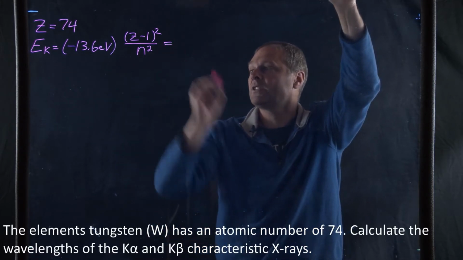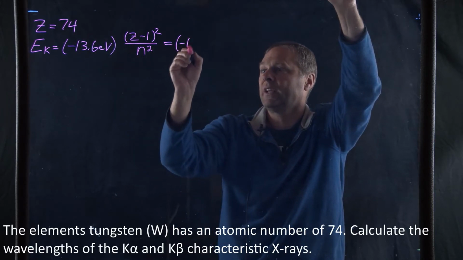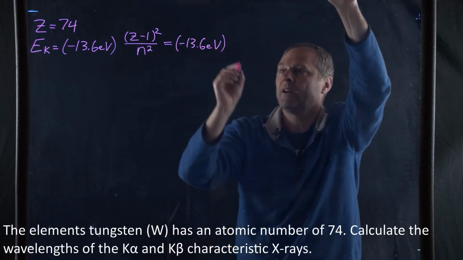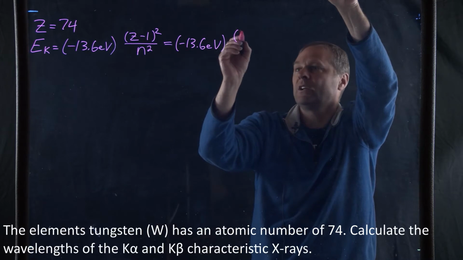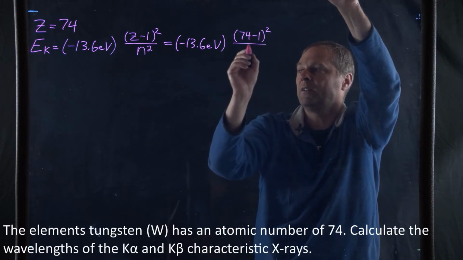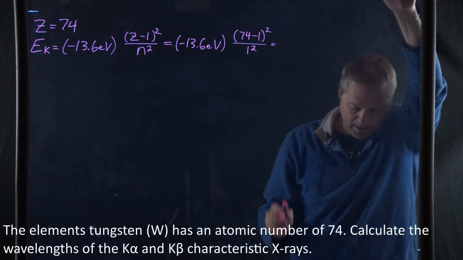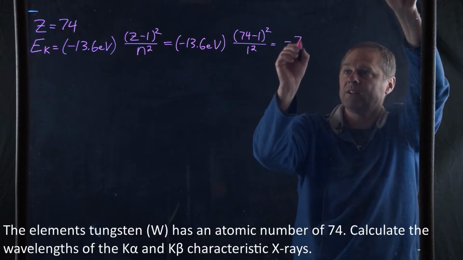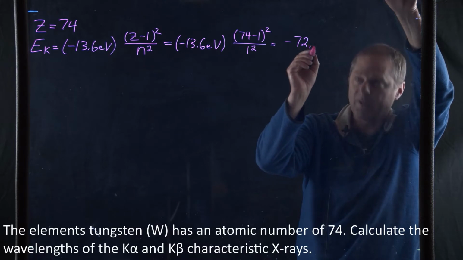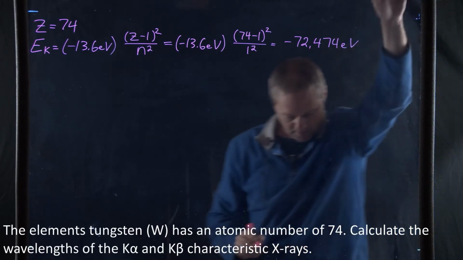For this one, we simply plug in 74. We have negative 13.6 electron volts times (74 minus 1) squared divided by 1 squared, and that's equal to negative 72,474 electron volts.